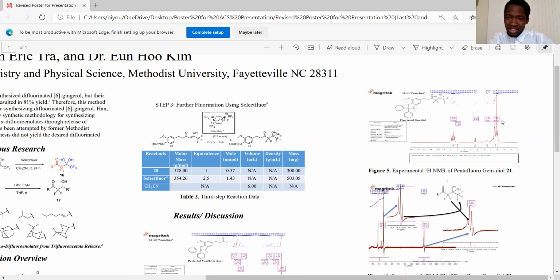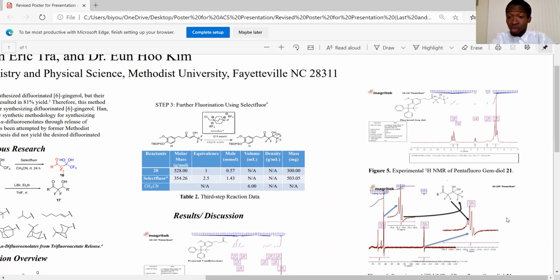This region was really messy, so we couldn't determine which peaks were which. Again, we have the aromatic proton peaks here for sure, and we have probably some triplet peaks found here, but this region we are not able to analyze well. So we are not happy about this result.